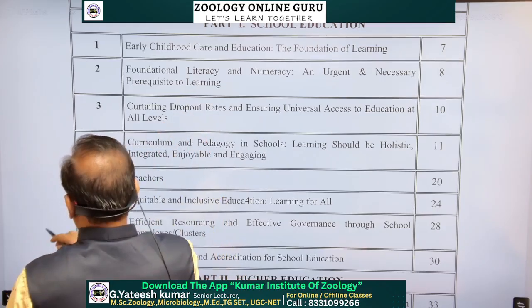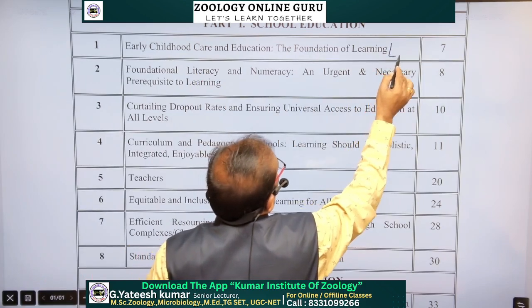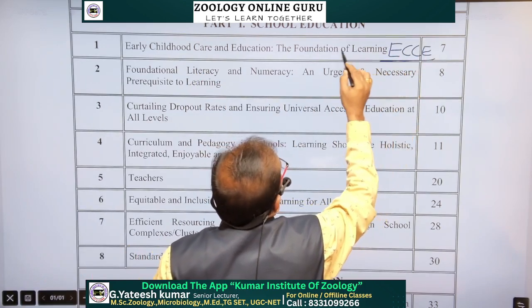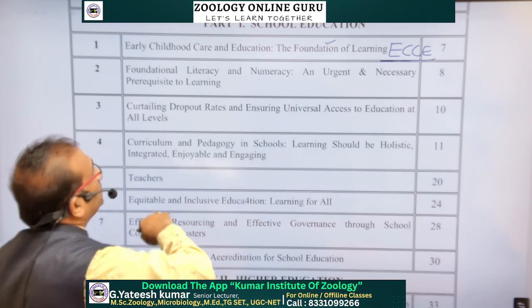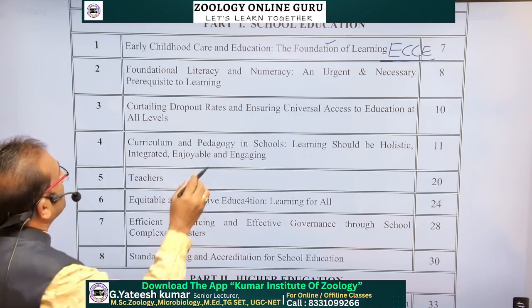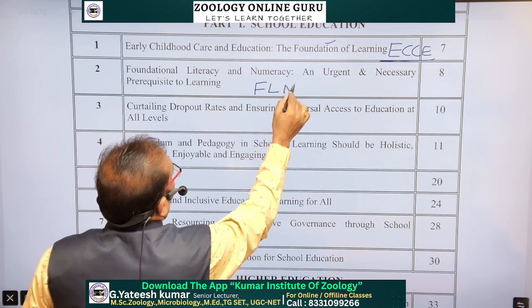Most important here, ECCE, chapter 1. This is the foundation of learning. The second chapter is foundational literacy and numeracy, FLN.